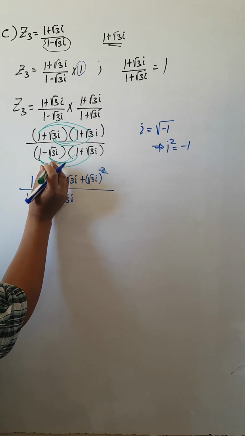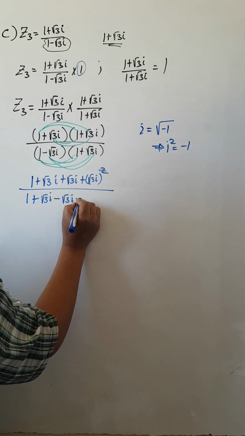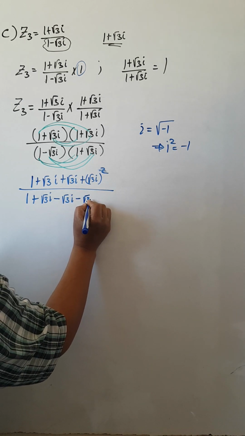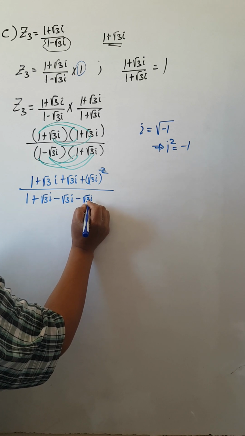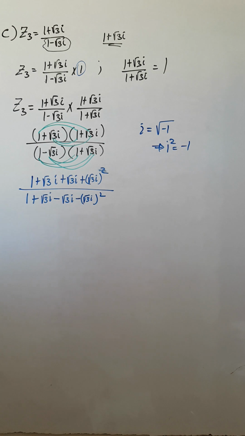And negative √3i times √3i is negative (√3i) squared. The negative is a coefficient in this case. Okay, this is Z3.